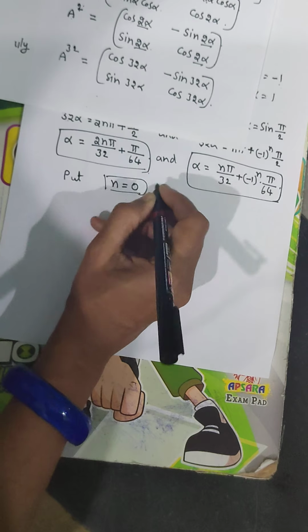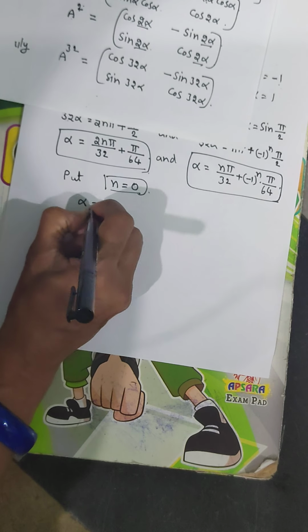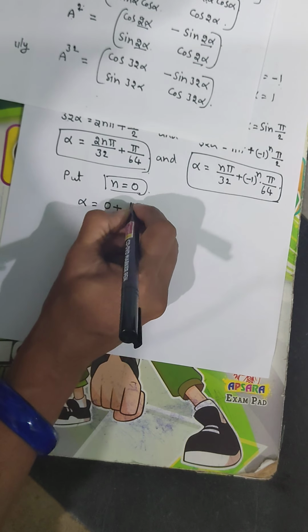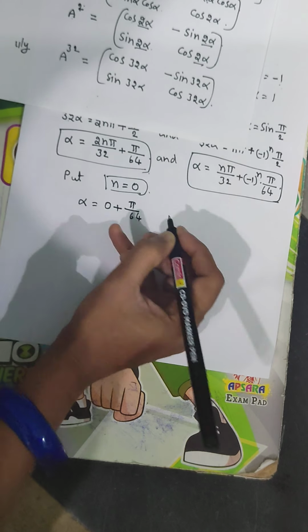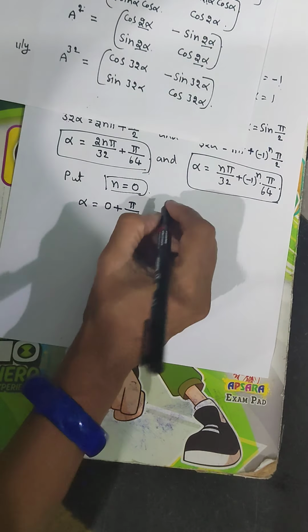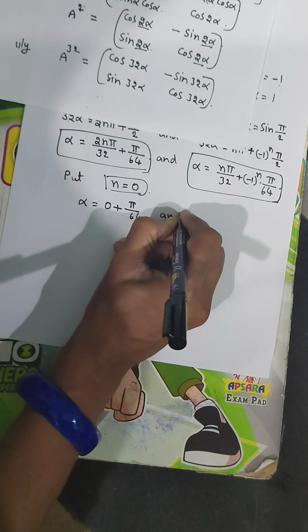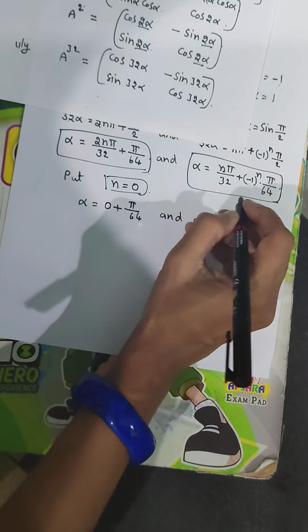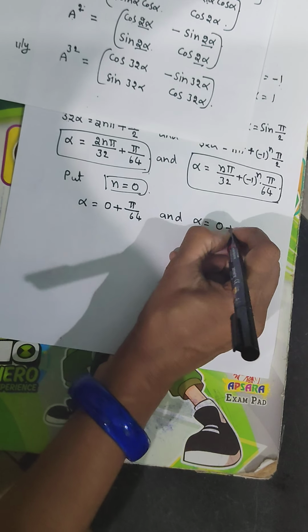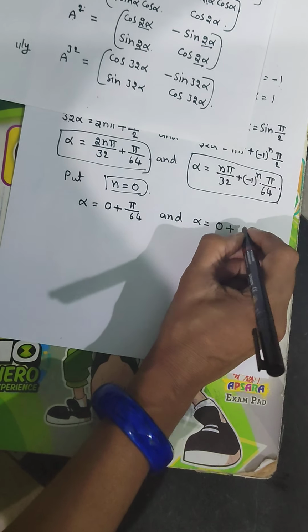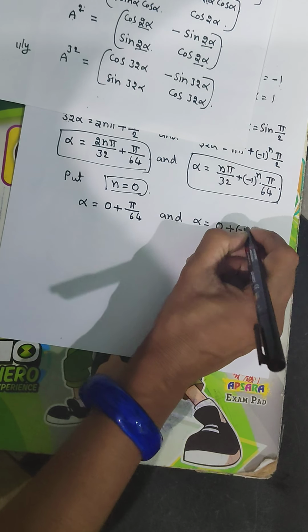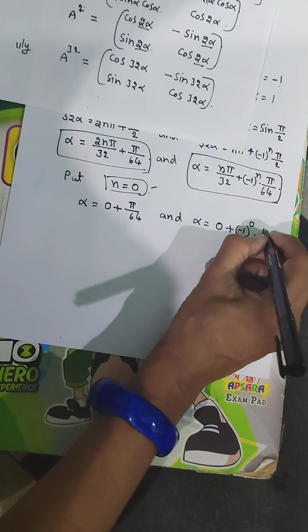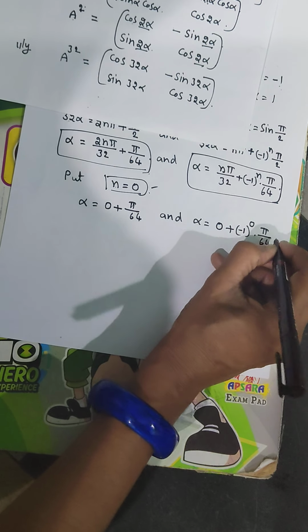For n equal to 0, alpha is equal to 0 plus pi by 64, and alpha is equal to 0 plus minus 1 power 0 into pi by 64.